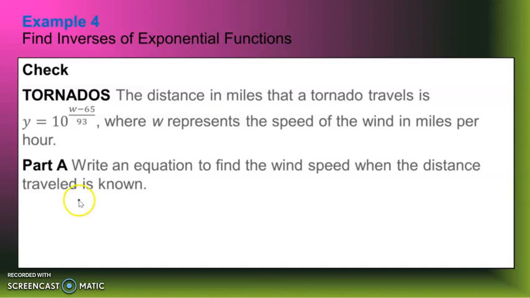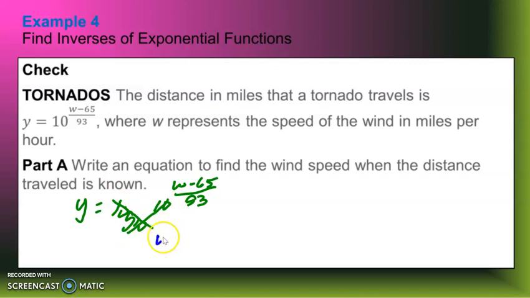So right now I have y equals 10 raised to the w minus 65 all over 93. So to undo this, I'm going to find the log base 10 of 10, which means they undo each other. And that brings my exponent down.